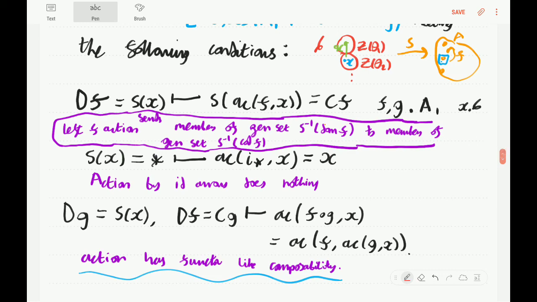And thirdly, we want to have that our action respects this kind of composability like the functors.